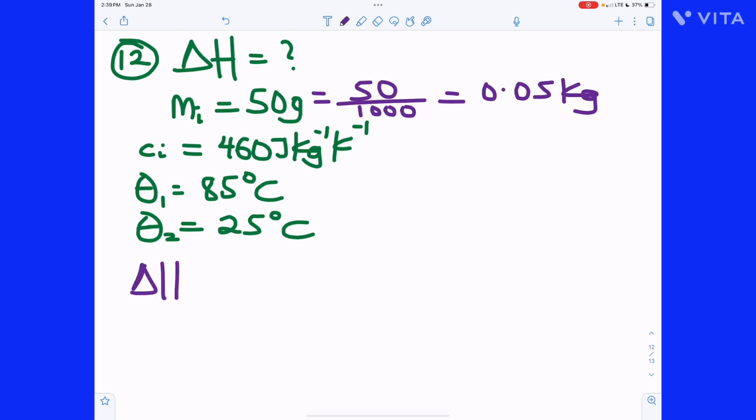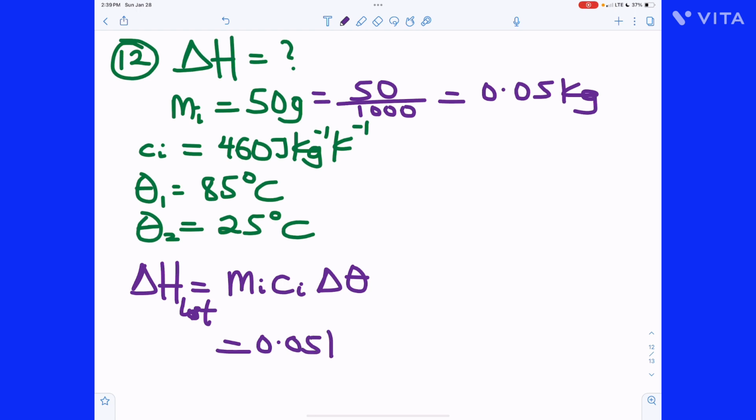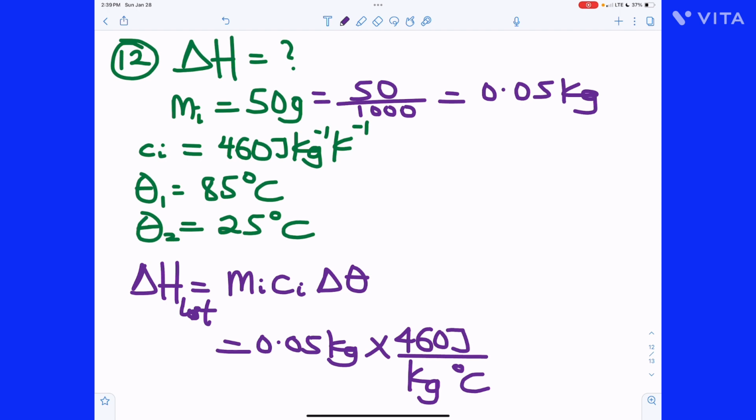Heat change is what? In this case, heat is lost because the iron is cooling. Heat loss will be mass of iron times specific heat capacity of iron times change in temperature. Mass of iron is 0.05 kilograms. Specific heat capacity of iron is 460 joules per kilogram per Kelvin, which is the same thing as per degree Celsius. You understand?